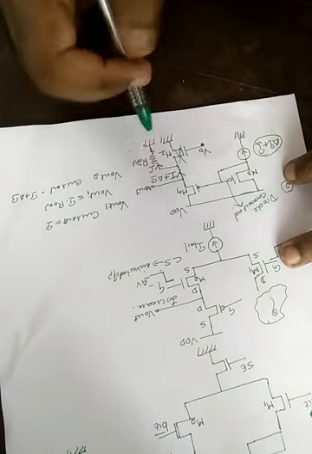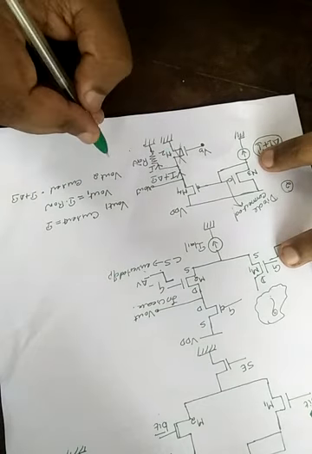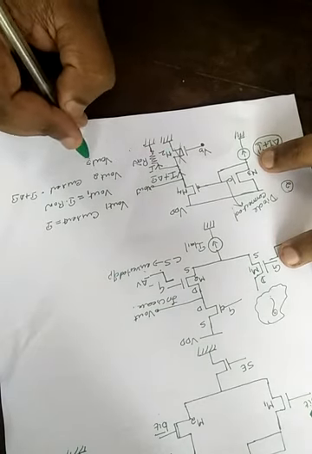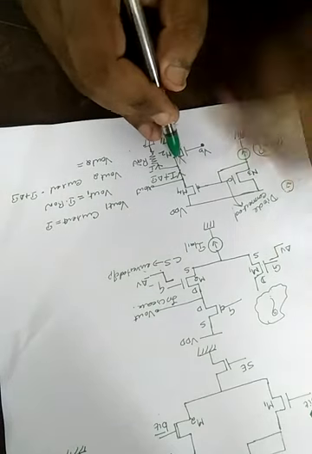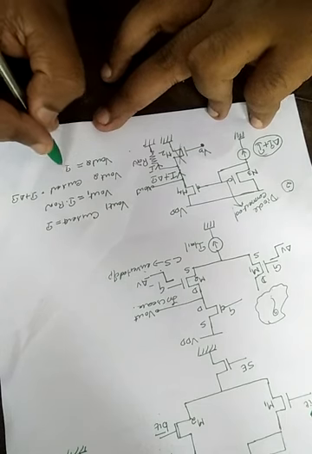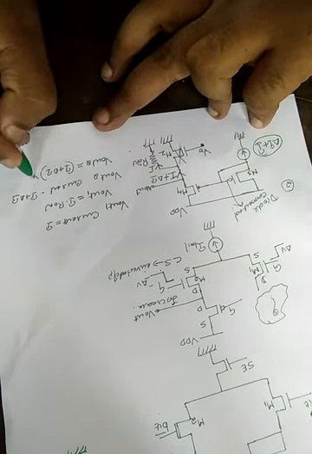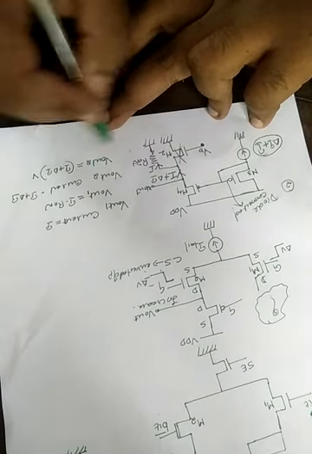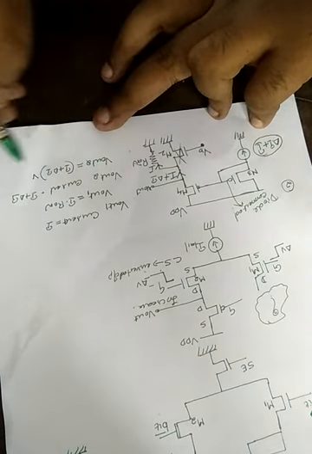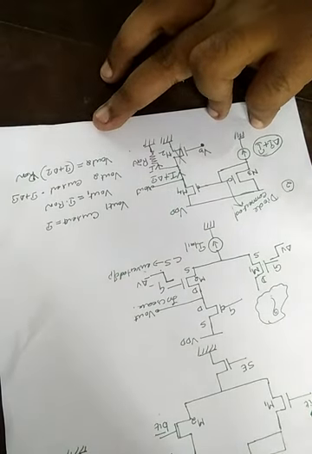So the current flowing through this resistor will change from I to I plus delta I. So what will be V out 2? Based on Ohm's law, it is the current times resistance. The current is I plus delta I, and the resistance is R ohm.